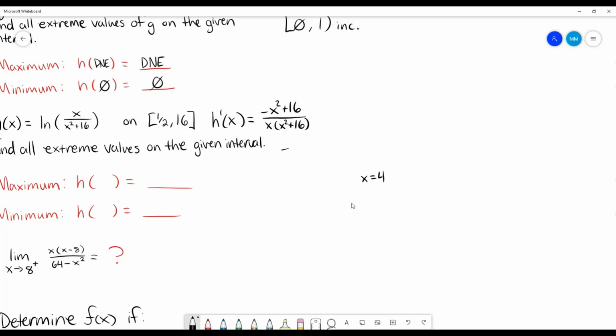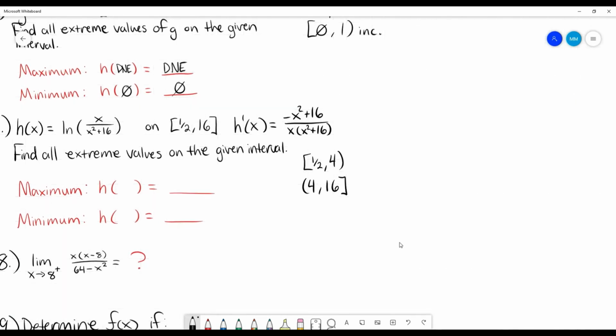Now we're going to take a look at our interval. So it's 1/2 up to 4, and then it's 4 up to 16. And I want to know on which intervals it's increasing or decreasing. So let's just plug in a value. I know 2 is between 1/2 and 4, so that'll be on this interval.